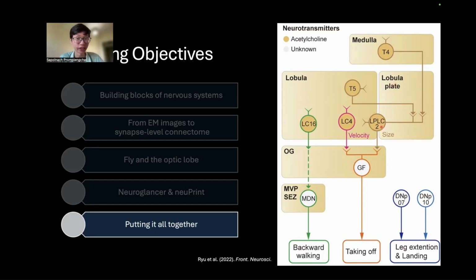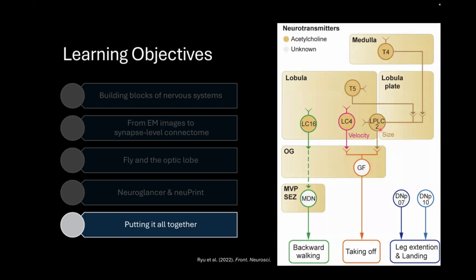It seems to be outputting its projection to LPLC2. And what does LPLC2 do? LPLC2 seems to be taking inputs from the lobular plate, and specifically the T4 neurons and T5 neurons. LPLC2 also seems to be taking inputs from some unspecified neurons within the lobula, as you can see here.